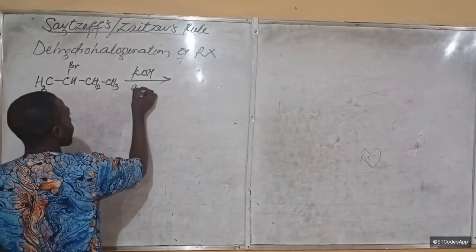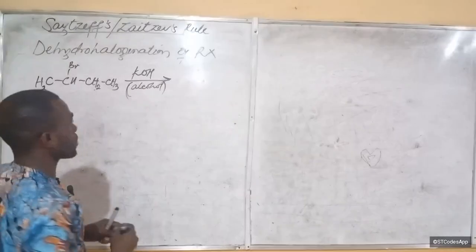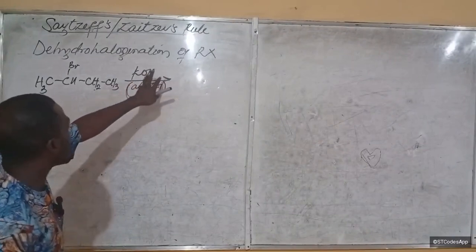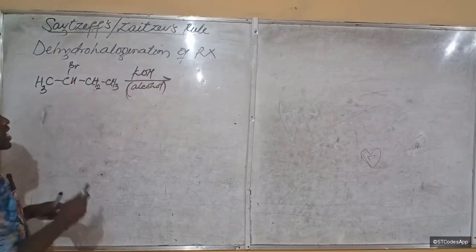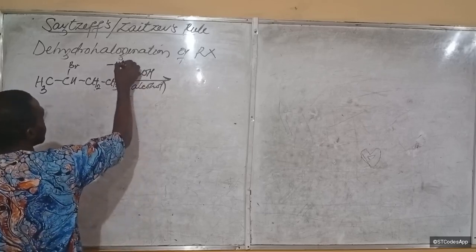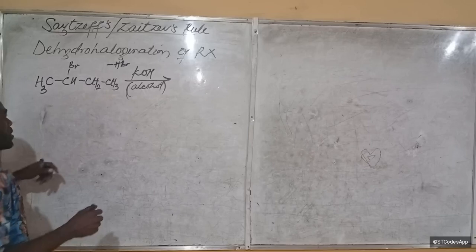We use an alcoholic base, a base that is in an alcohol. So we want to dehydrohalogenate this, which means we want to remove hydrogen bromide from here.